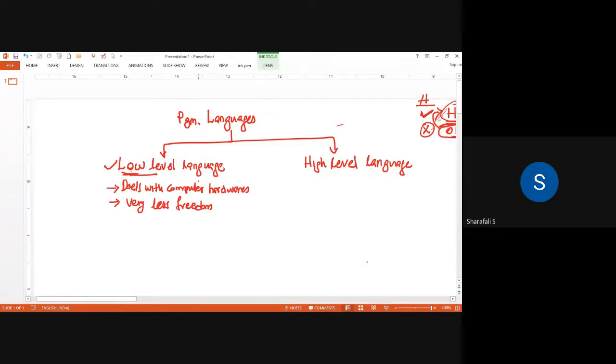Basically, these low-level languages are used by the system hardware to communicate within the system, and usually it is some very complicated code.